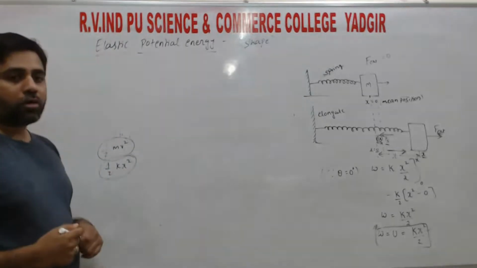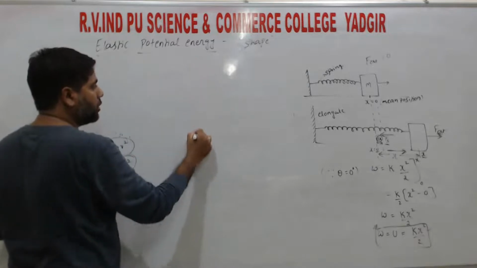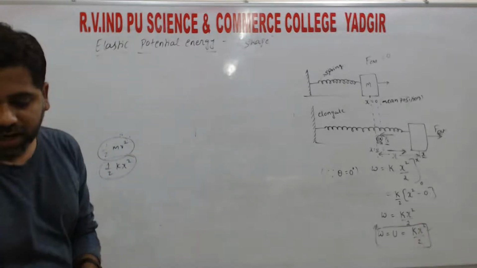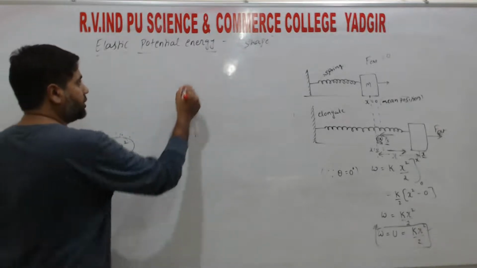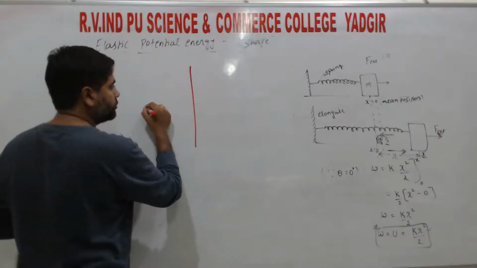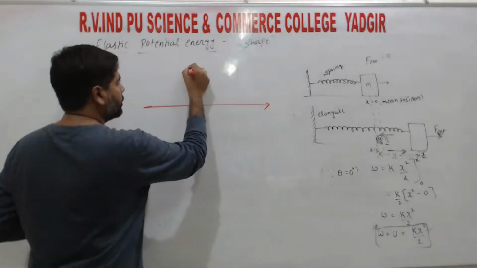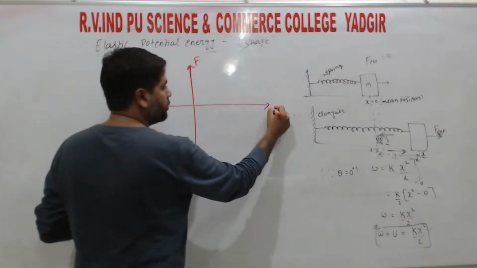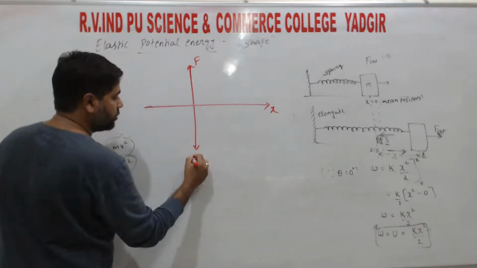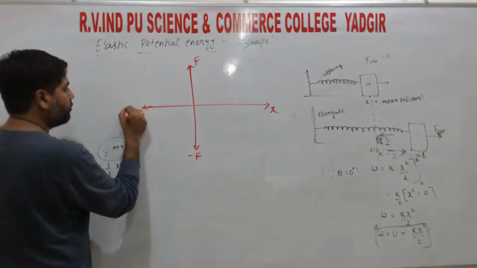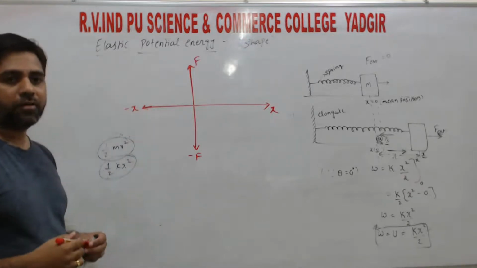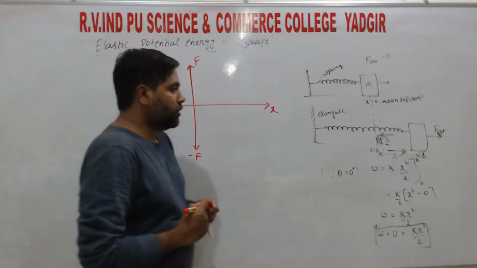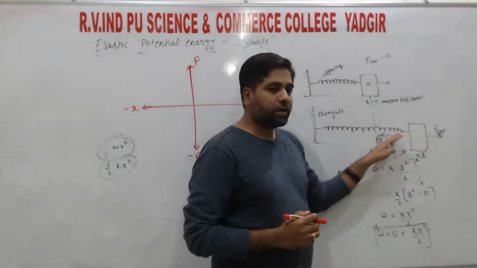So if we plot the graph for this, against force and displacement, this one is F, x, so again minus F, minus x, right? We are plotting the graph for force and displacement.